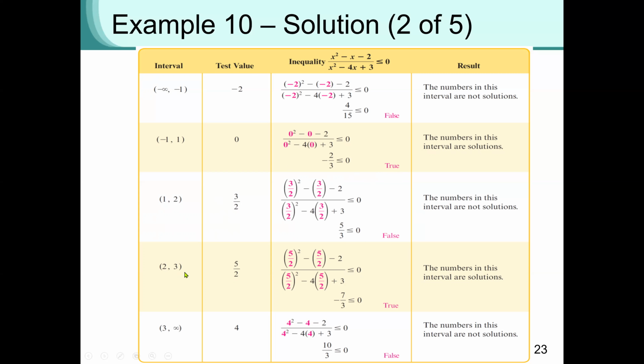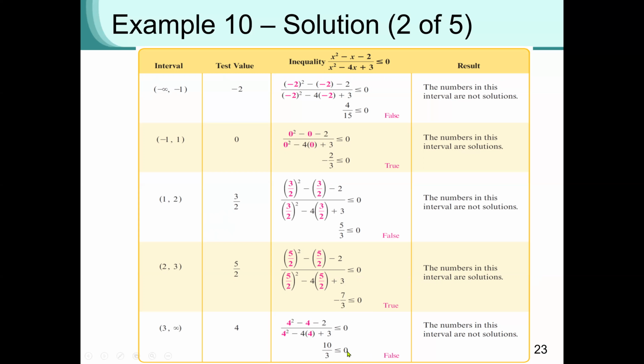Then 2 and 3, we choose 5 over 2. And we plug in, and this is true because when we did our calculations, we get -7/3, which is a negative value, so it's less than 0. And the last one, from 3 to positive infinity, we decided to use 4. When we plug 4 in, we get 10/3, which is almost 3.33.